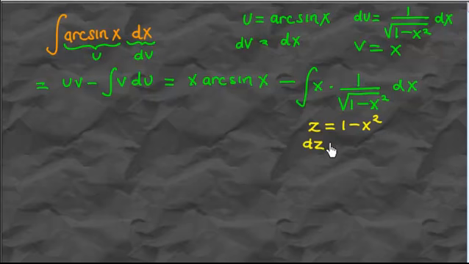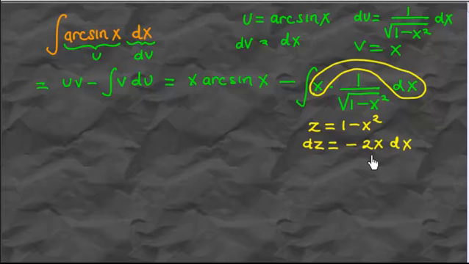Then dz is minus 2x dx. Notice that in the integral we have x dx.